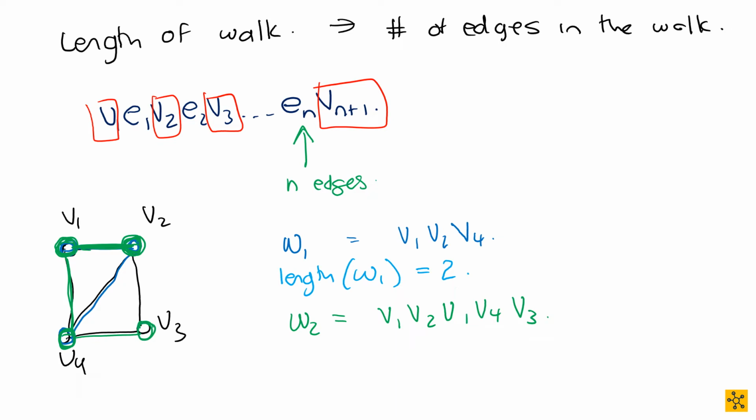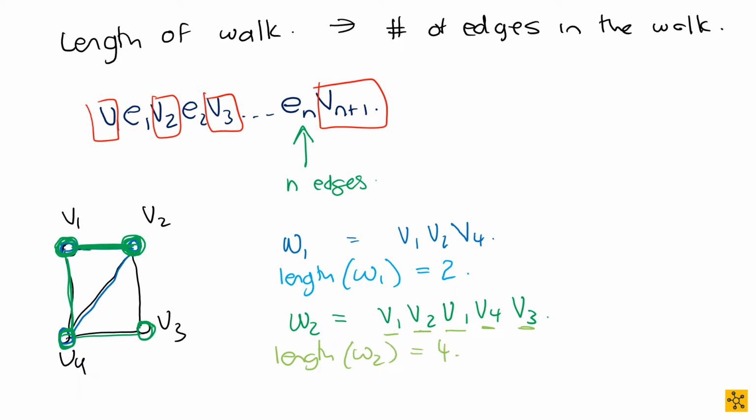So how many edges did we traverse? Well, we have here 1, 2, 3, 4, 5 vertices in this walk. Well, we hit 5 vertices as we go through the walk. So we're going to actually have 4 edges in this walk, right? So the length of walk 2 is equal to 4. So we traversed 4 edges.